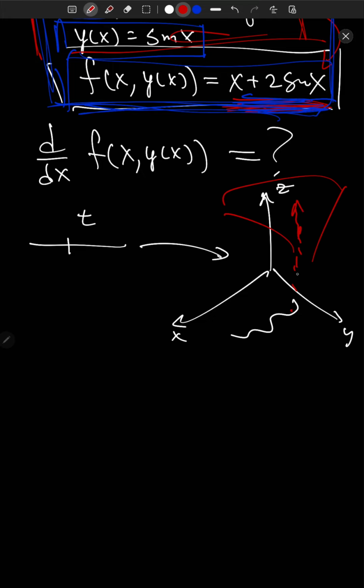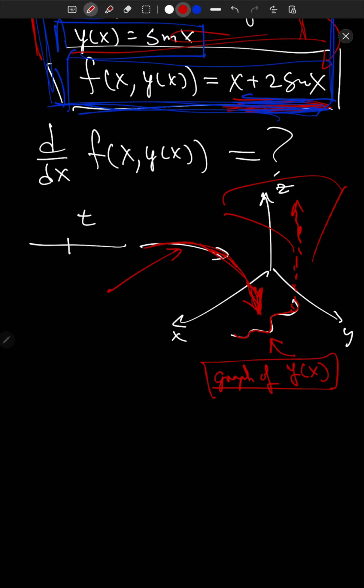So what is this parameterization to this curvy line? Well, the idea is this curvy line should be y of x. This is the graph of y of x.